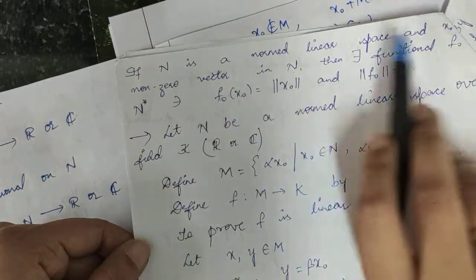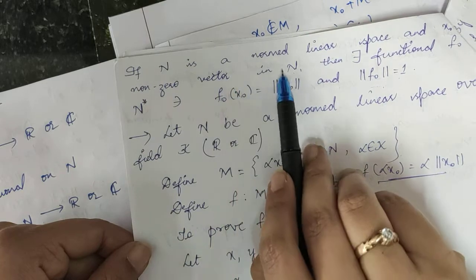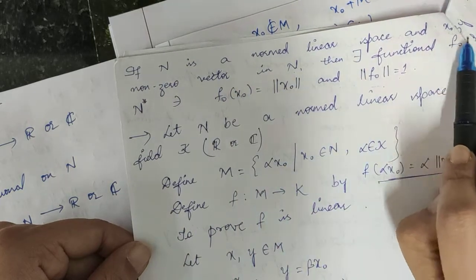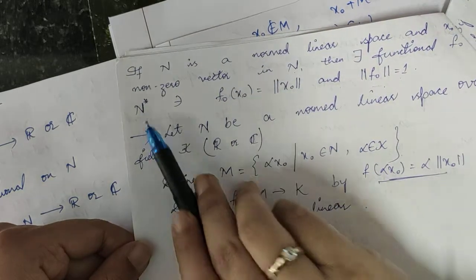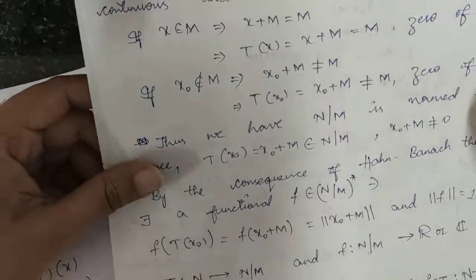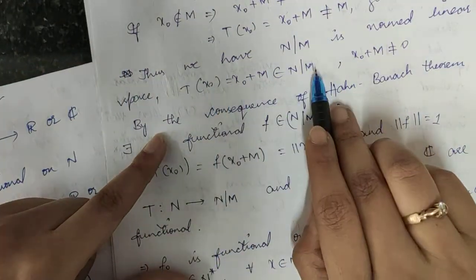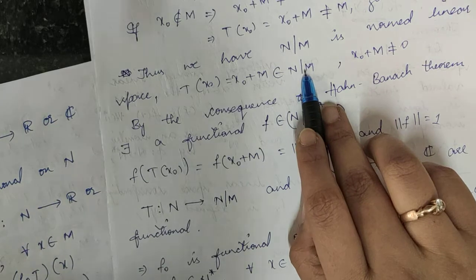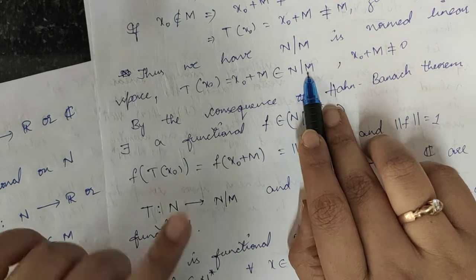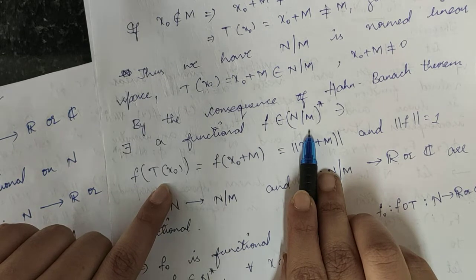You can see the statement, if N is a normed linear space and x0 is some non-zero vector in N, then there exists f0 in N star. So here we have that point in the statement, that is if x0 belongs to N and we have a space, there the space was N, here the space is N by M. So there exists a functional which belongs to (N by M) star.